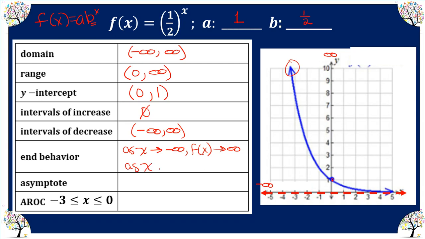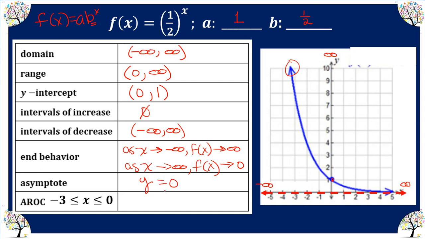As x approaches positive infinity, as we go toward the right, the output values approach the asymptote of 0. My asymptote is y equals 0.